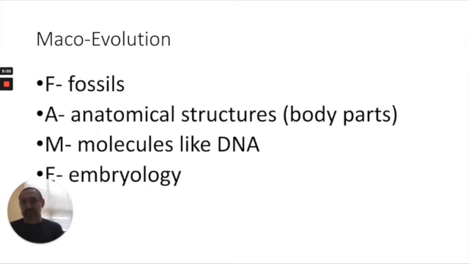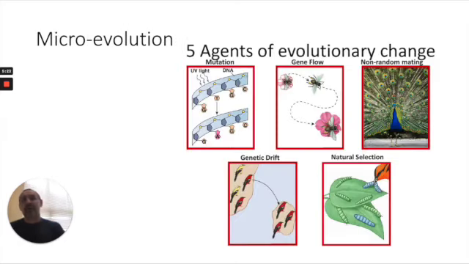So things like the fossil record, things like anatomical structures, how you might see that same anatomical structure in multiple animals, similarities in molecules like DNA sequences, and the study of embryology are all things that are sometimes used to support the theory of macroevolution.